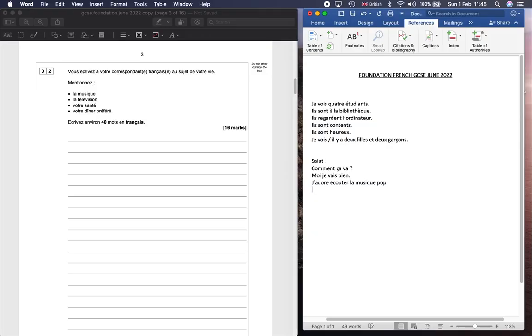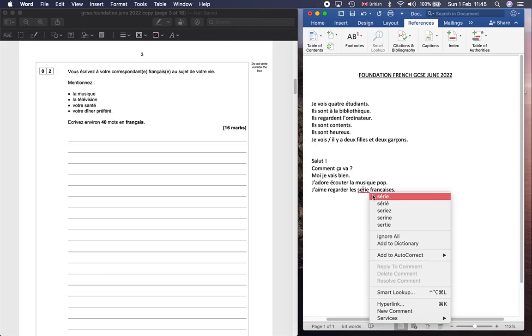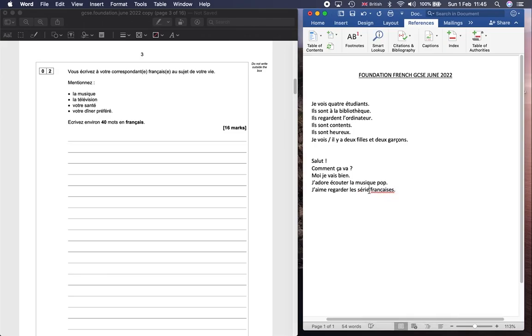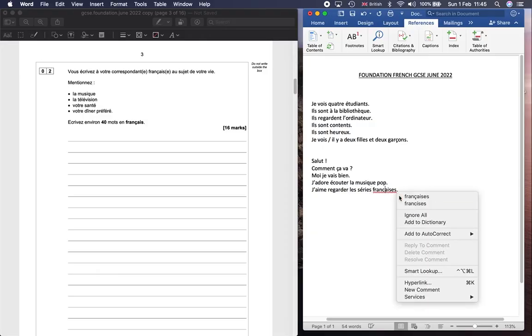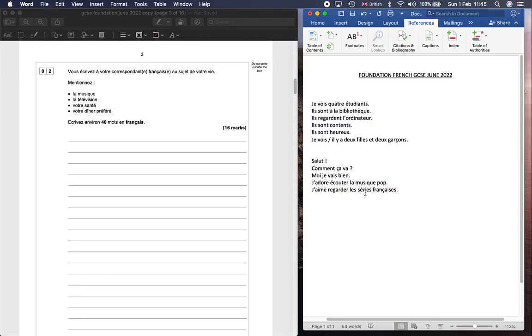About the television, you can say j'aime regarder les séries françaises. Les séries françaises. J'aime regarder les séries françaises. Don't forget to put an S at the end of the nouns because it's plural.